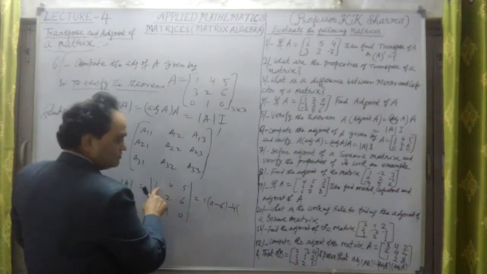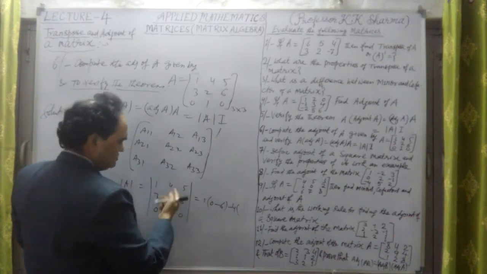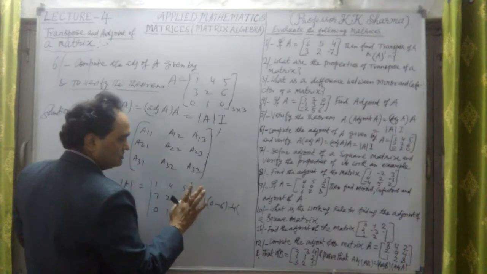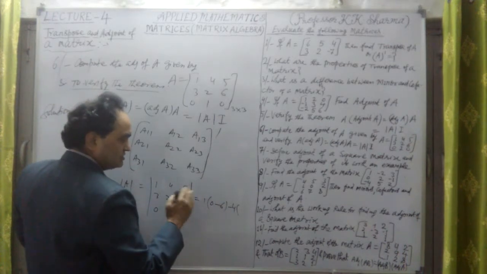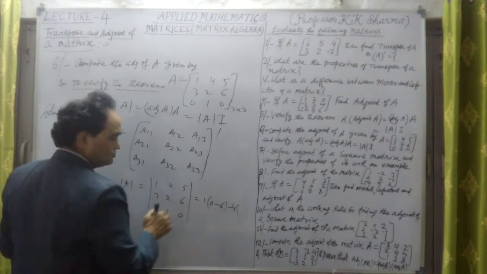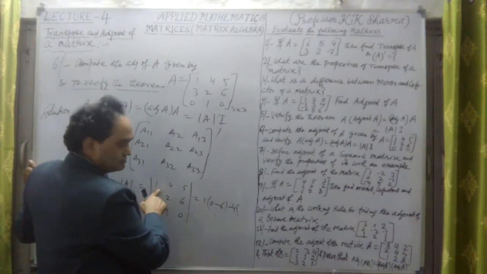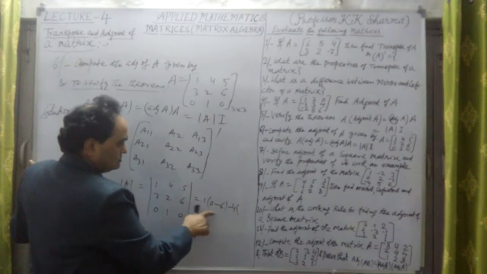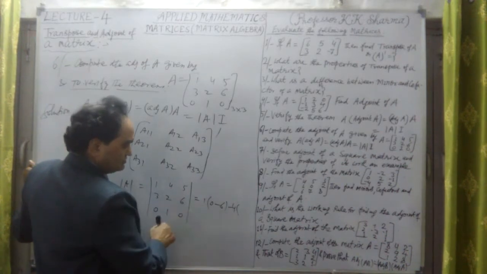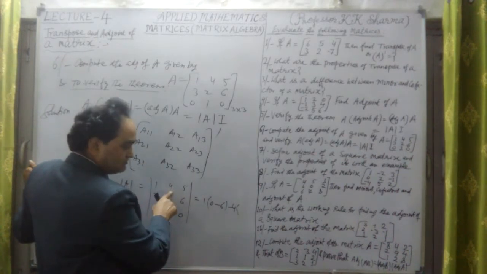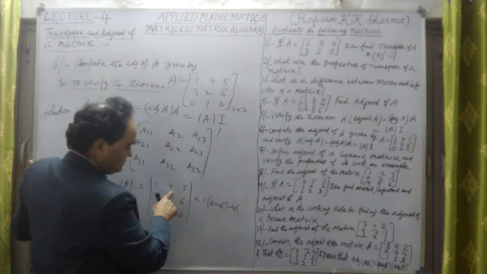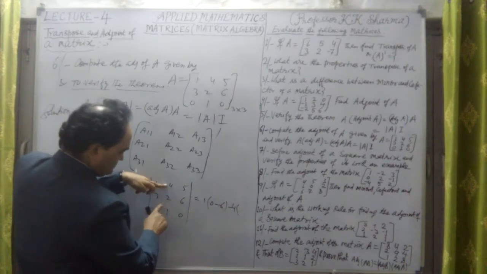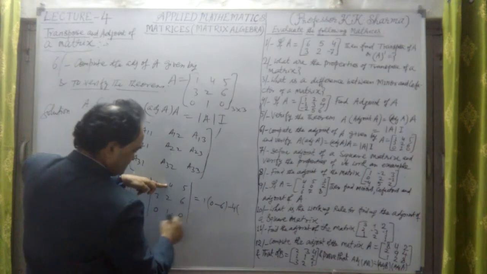So the cofactors of only the first row or first column, or any row or any column, multiplied by those numbers also. For example, the cofactor of 1 will be multiplied by 1 also. This is 1 into 0, 1, 6. Now this is minus 4 here. For minus 4, we have to take 3, 6, and this.